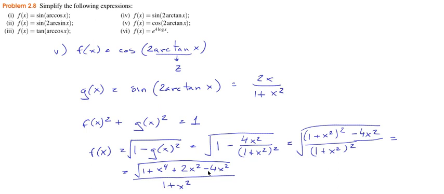And as you can see, what I'm getting rid of is this, and then I have a 2 here. And then it's x to the 4th minus 2x squared plus 1, which is just 1 minus x squared, but then it's the square root. And so this is 1 minus x squared over 1 plus x squared.